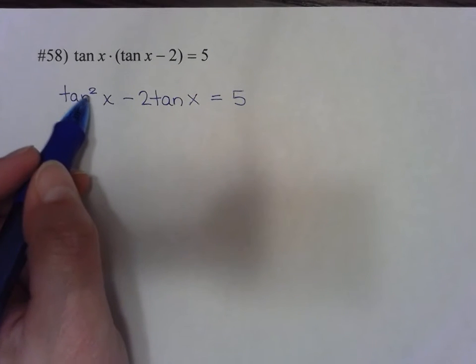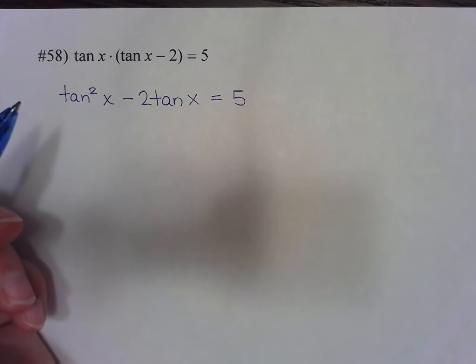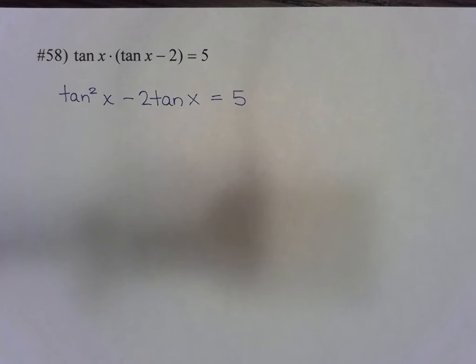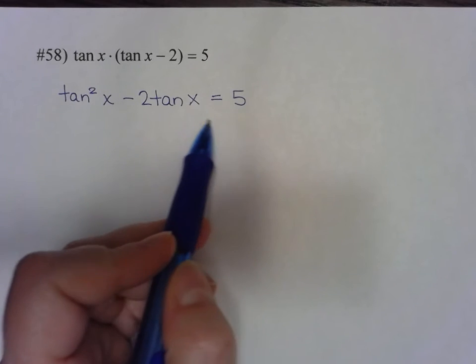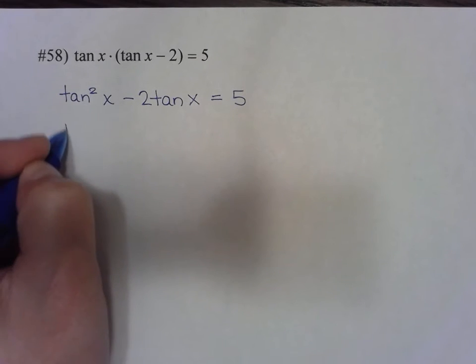Since I have a tangent squared, my first thought is to try to do this with factoring. So I might want to get a 0 on one side. So I'm going to subtract the 5 over.